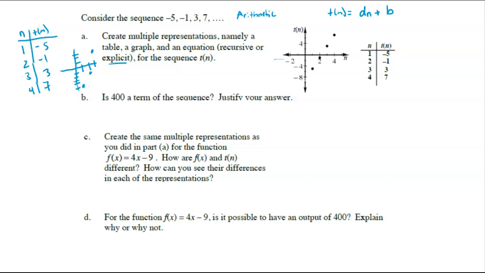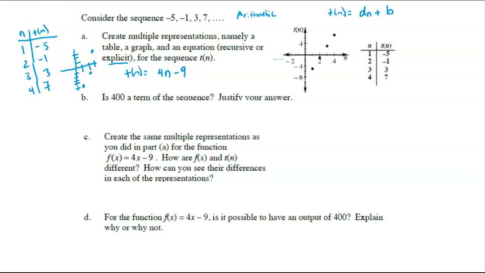So for explicit, we go from -5 to -1, -1 to 3, 3 to 7. Our common difference is 4, so that's our slope. And then the term that came before -5 should have been -9.